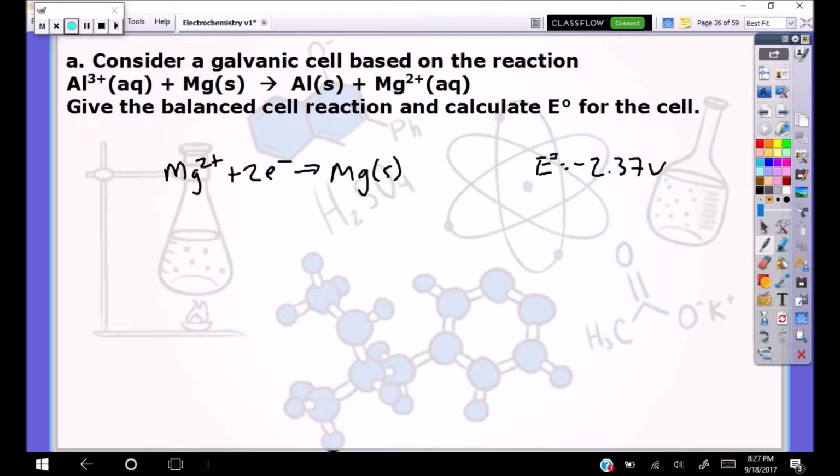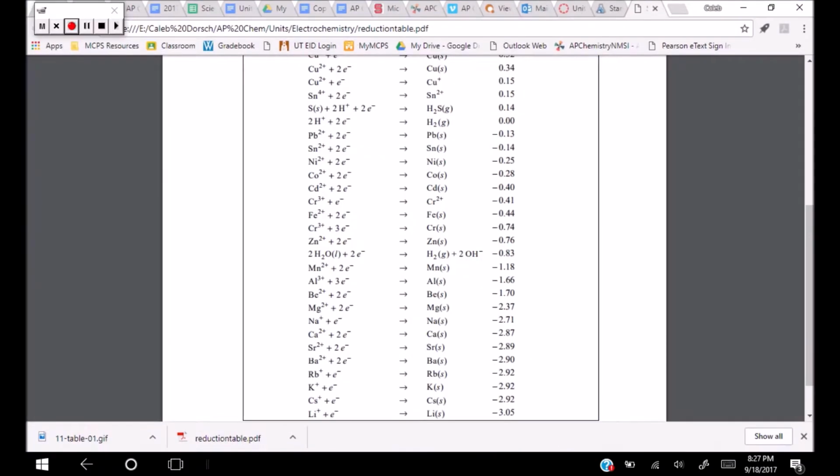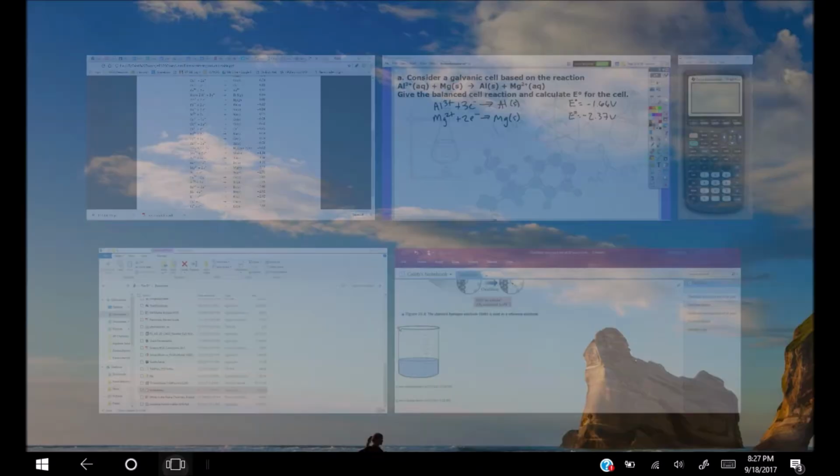And the other one we had, which is on your chart, please refer back to it, Al3 plus plus 3 electrons, and you get Al solid. And that cell potential was negative 1.66 volts, and that came from our chart. It's actually right above the magnesium 2 plus.